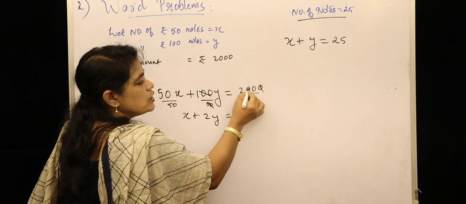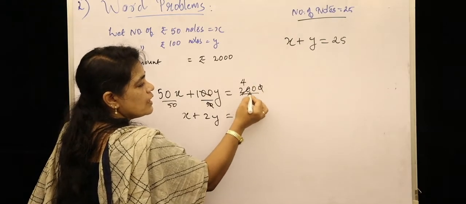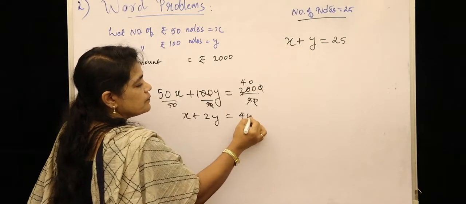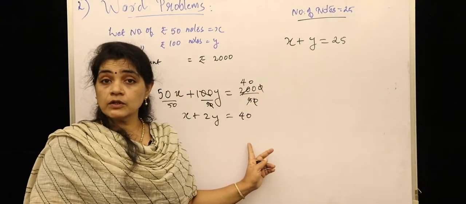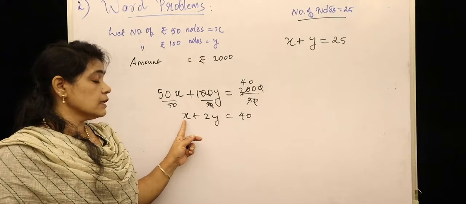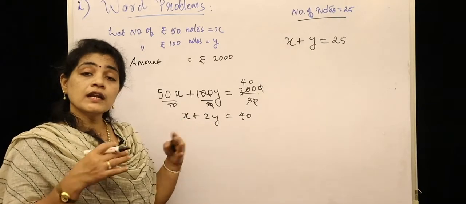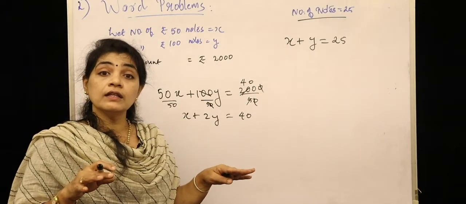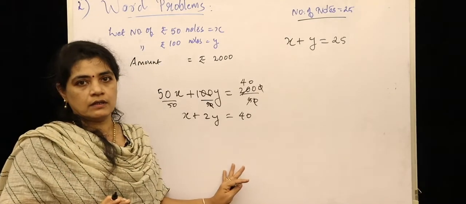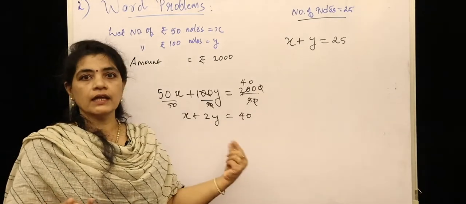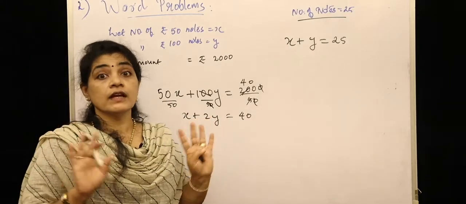And 50 in 2,000, 5 in 20 is 4 times and 0, so 40. So x plus 2y is equal to 40. Can we again reduce with the 2? No children, here the coefficient of x is 1. You can simplify only when there is a common factor for each term in that equation. Even if 2 and 40 have one, x has coefficient 1, so we can't reduce.